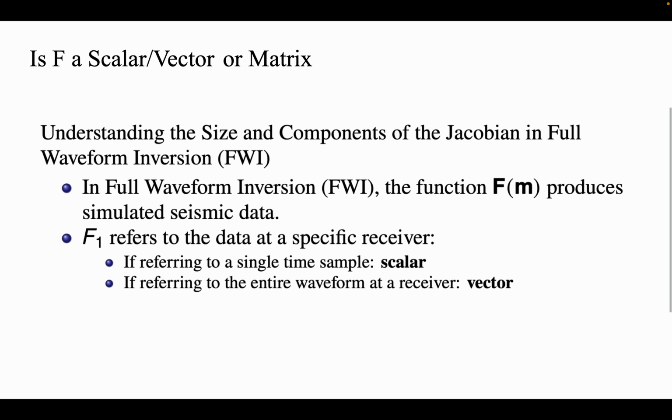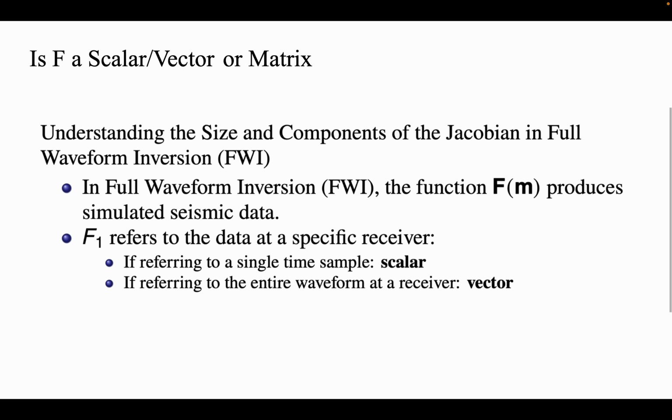Now we have been talking about this forward modeling function f a lot. So is this f function a scalar, a vector, or a matrix? It is very important to understand the size and components of the Jacobian, taking full waveform inversion as an example.